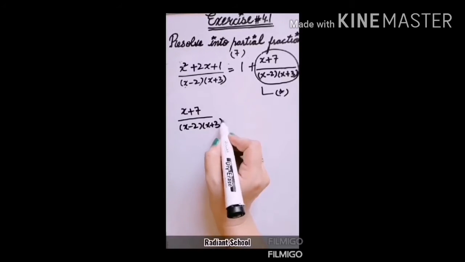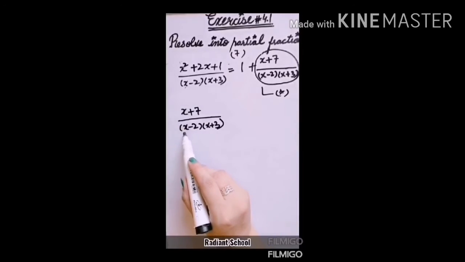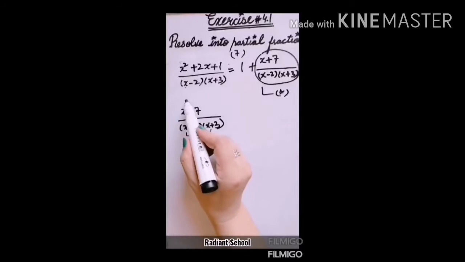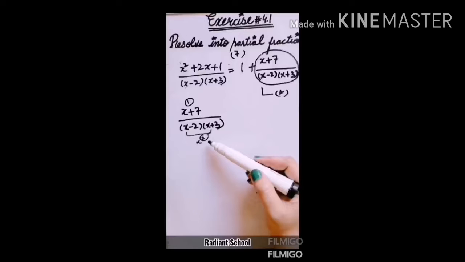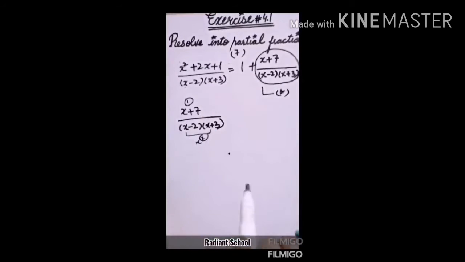Now the degree of numerator is 1 here, and the degree of denominator, x multiplied by x, is x square, 2 here. So the degree of numerator is less than the degree of denominator. It is a proper fraction. You can convert that into partial fractions.